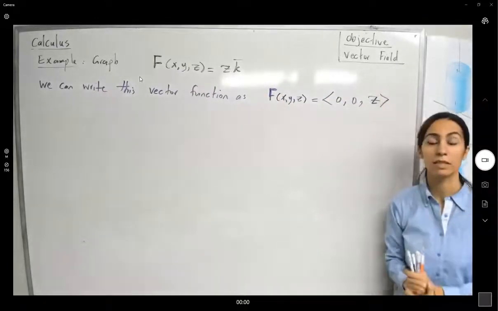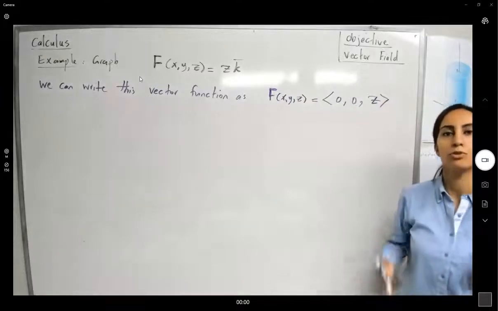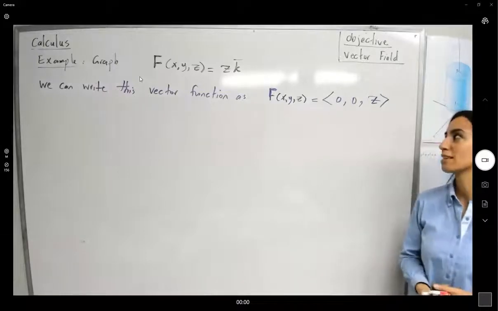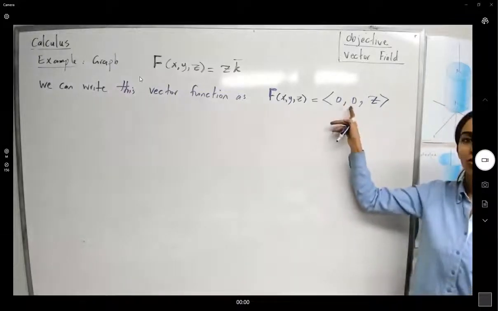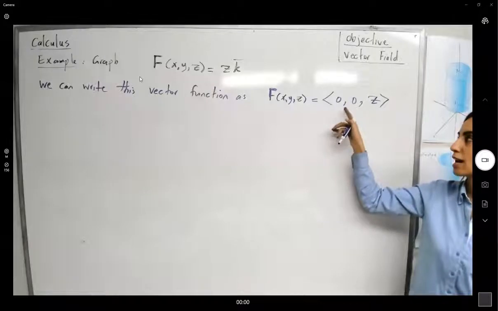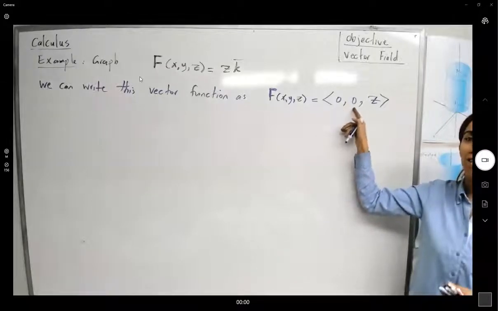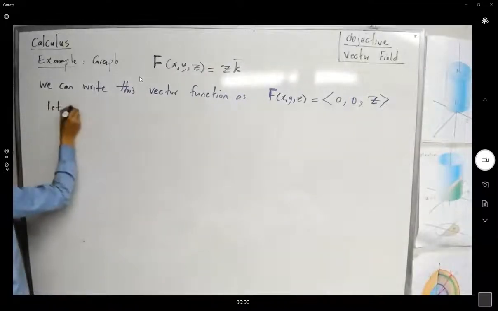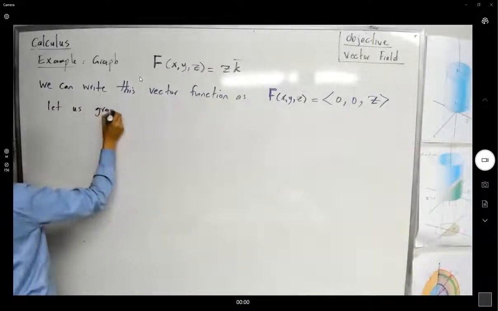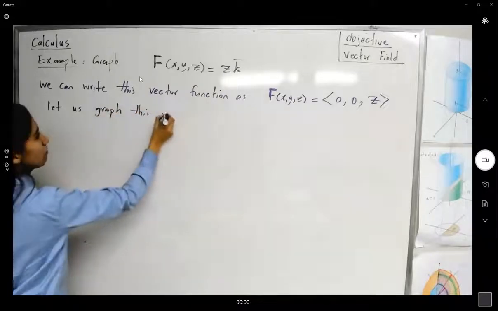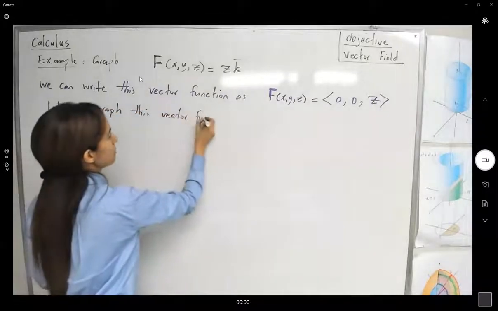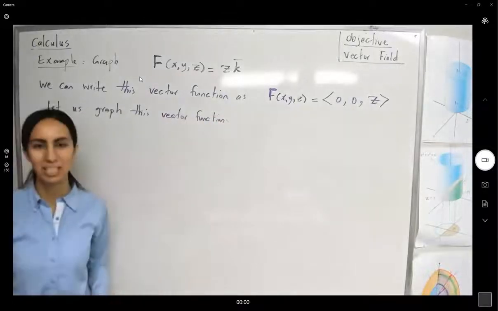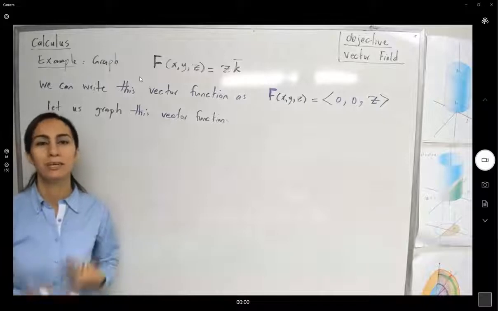What's the meaning of that? It means that if you consider any position for the particle in the space, the very first two, x and y, have no impact on the vectors. So let's graph this vector function. Remember that as we graph any function, we use point plotting.